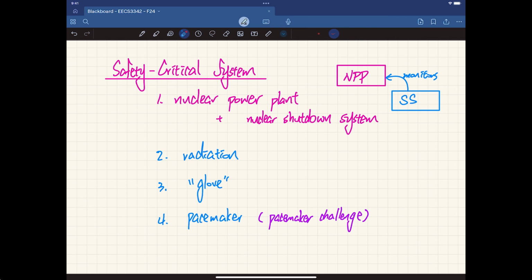Over there, it supplies some informal documents about what a pacemaker should be and how it is supposed to function. And then the challenge is, can you present some set of formal mechanism to really certify if a given pacemaker is safe and fit for use? That's a challenge. Not too sure if anybody solved it. It's more like an open-ended engineering problem.